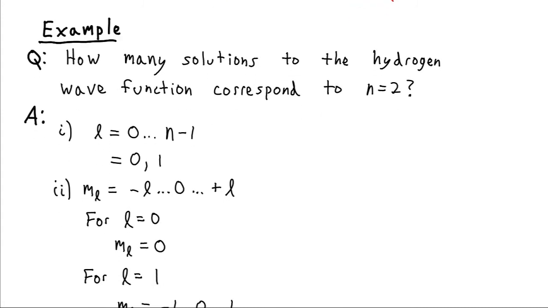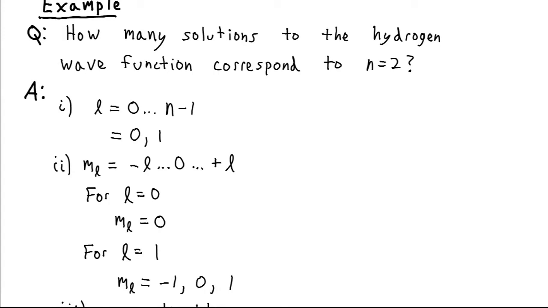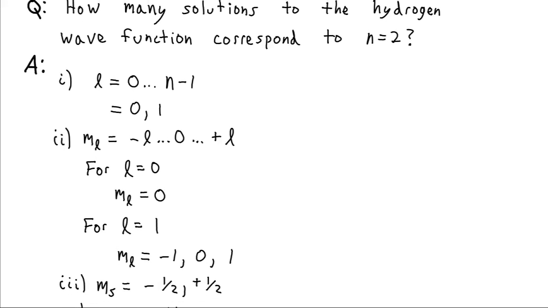Now, if L is equal to 1, then we can range from minus 1 up to positive 1. So in that case, m sub L can be minus 1, 0, or positive 1. So there are 3 solutions in that case. Now, in each of these orbitals, we can stick an electron, and our electron can always either be spin down or spin up.